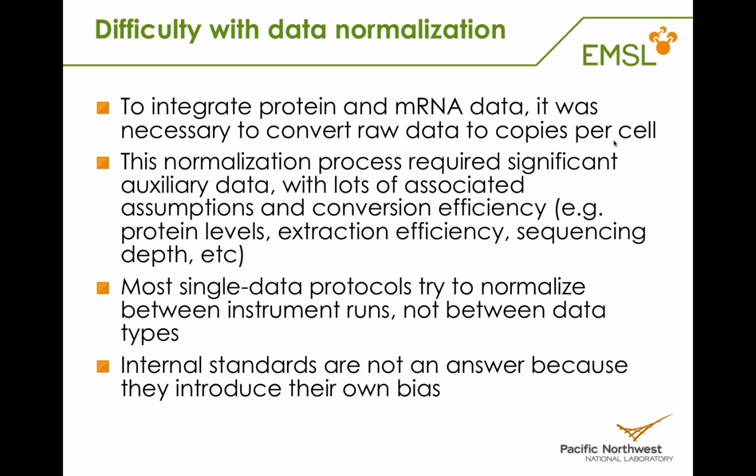There was an enormous amount of data that you had to collect in addition to the primary data to be able to do normalization. And currently, most protocols try to normalize between instrument runs, not between data types. And so we've been struggling with how do you normalize data.